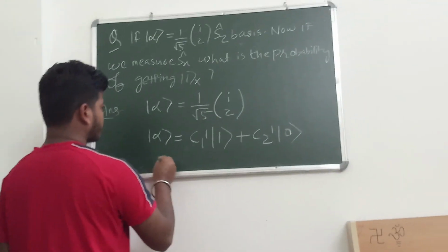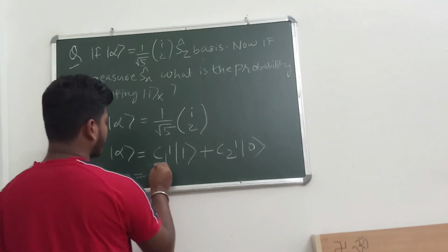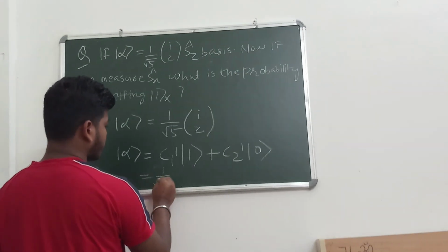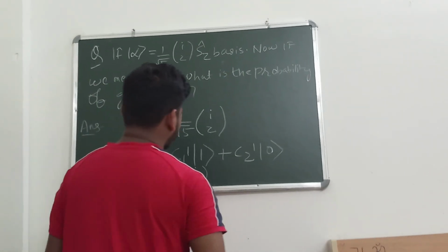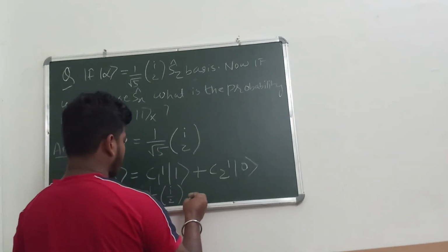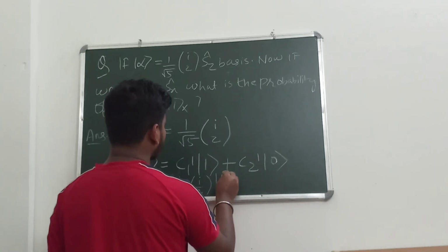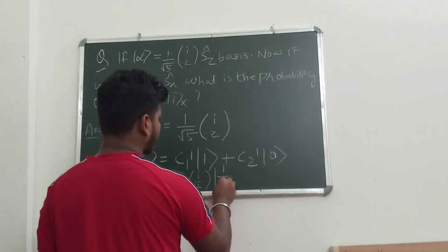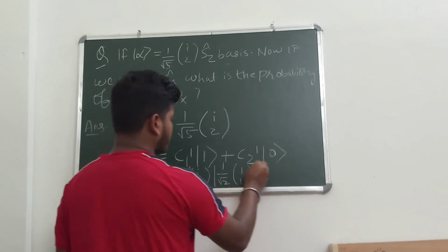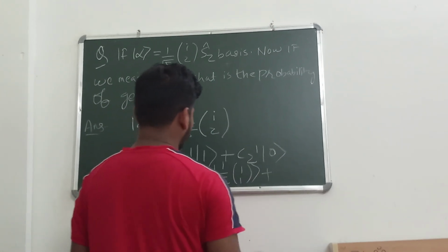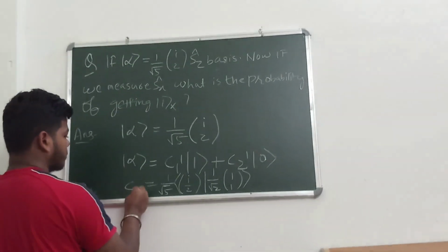So I can write this as 1 by root 5 i 2 into 1 by root 2, plus only for C1 prime, so this is only for C1 prime.